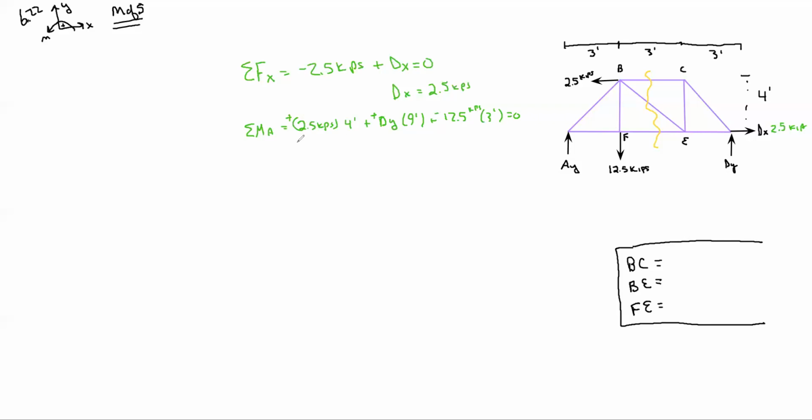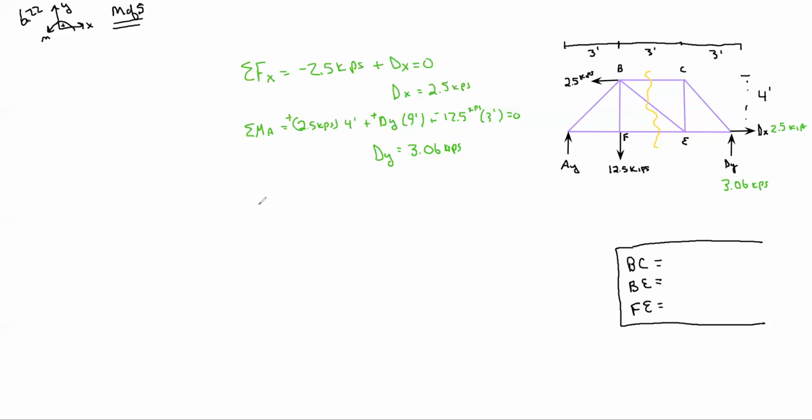Performing the indicated arithmetic, solving for Dy, we get Dy is 3.06 kips. So 2.5 times 4 plus 9 Dy minus 37.5. Combine those like terms, divide by 9. 3.06 kips.